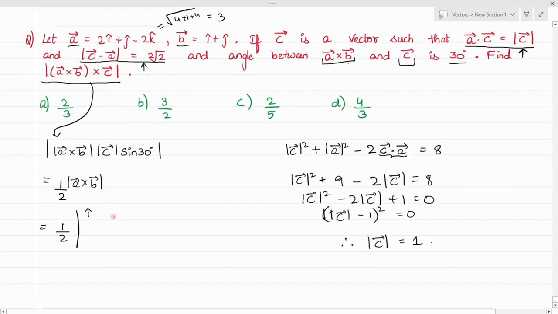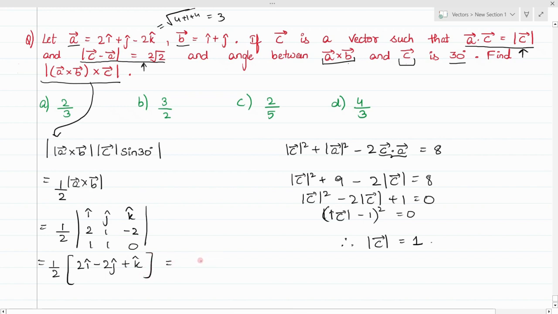So it becomes I, J, K. A is 2, 1, minus 2. B coordinates are 1, 1, 0. Just take the determinant of this. It becomes I cap 0 to I cap. And for J, it becomes minus 2 J cap. For K, it becomes plus K cap.